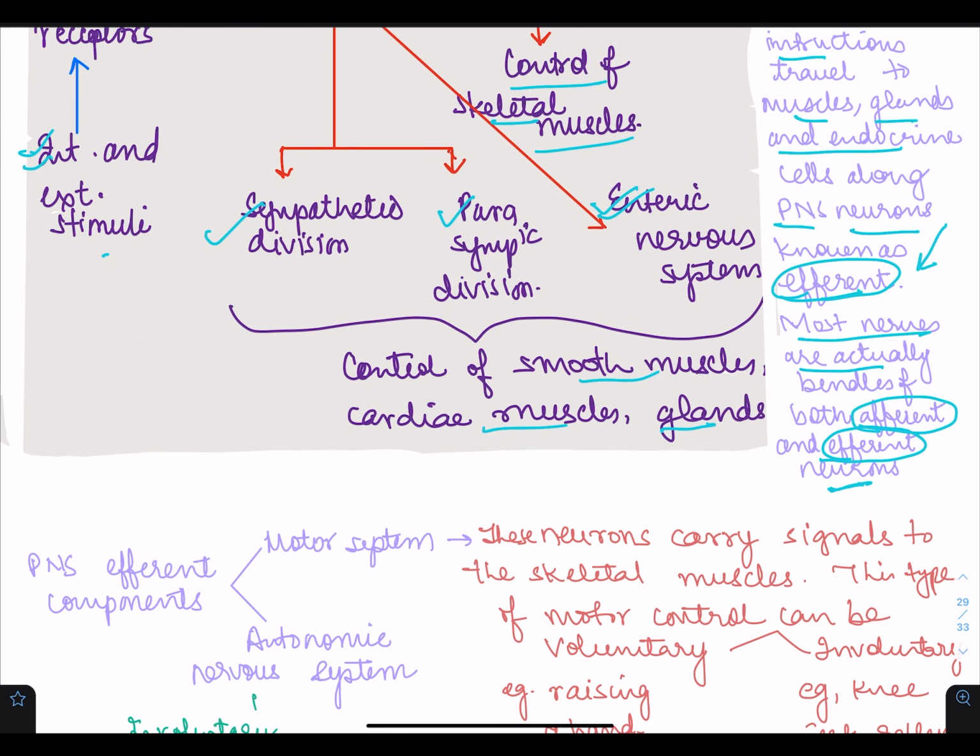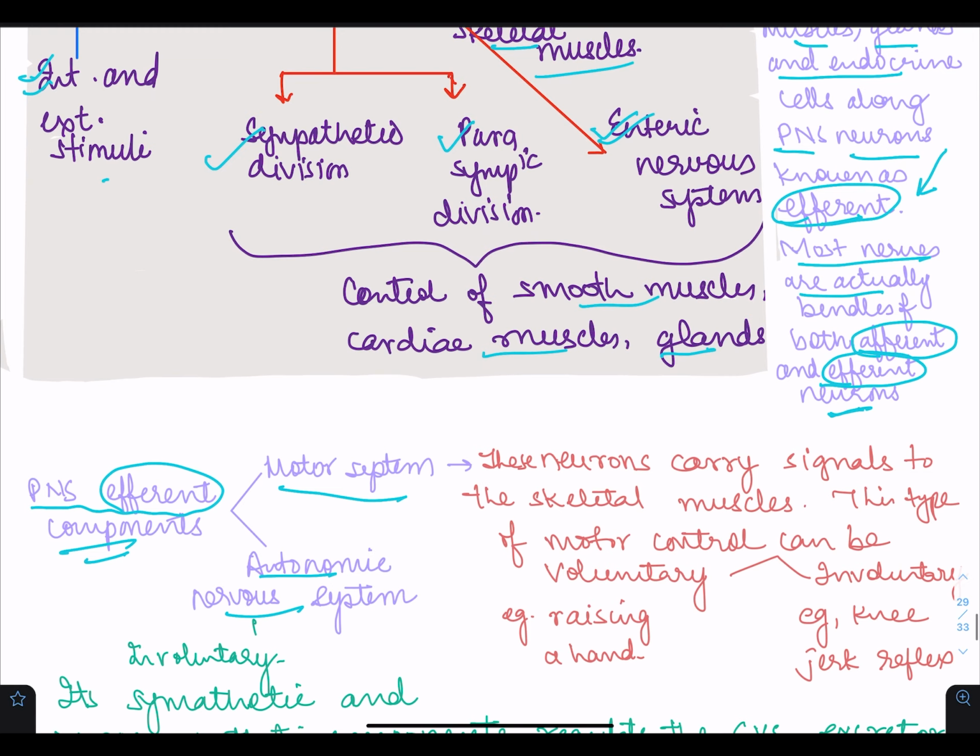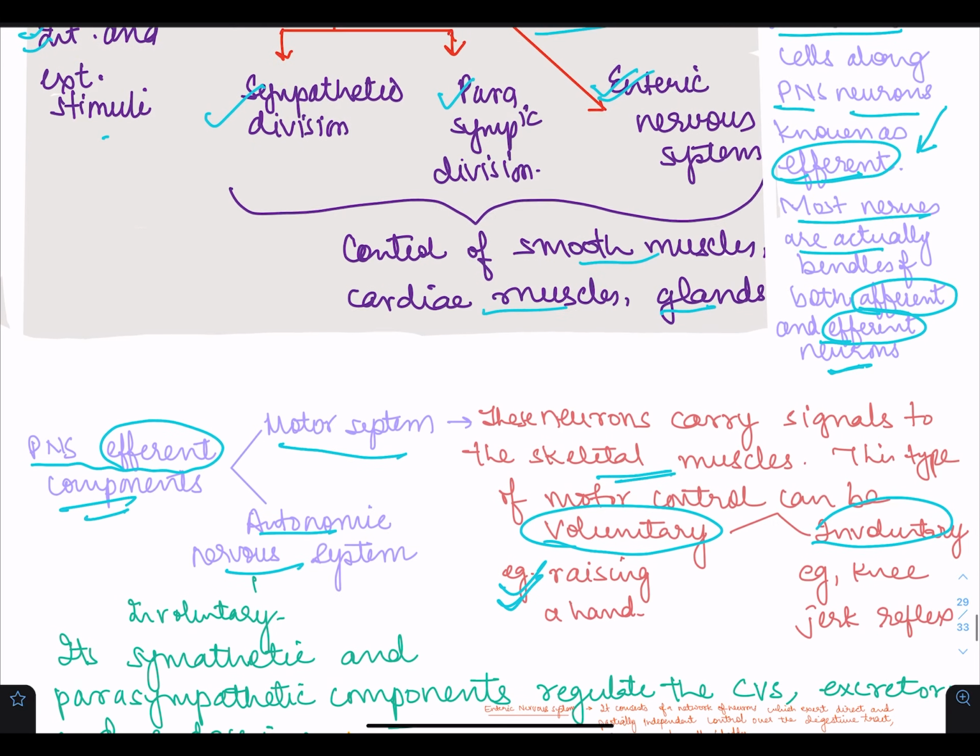So the peripheral nervous system's efferent components are the motor and autonomic nervous systems. In the motor system, these neurons carry signals to the skeletal muscles. This type of motor control can be voluntary or involuntary. A voluntary example is when we raise a hand when a question is asked to us, and an involuntary example is the knee jerk.